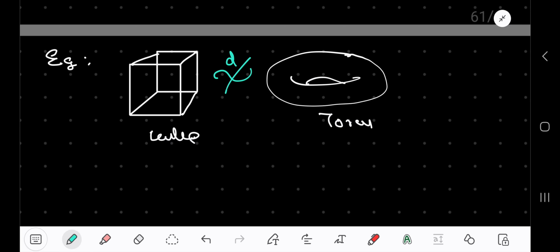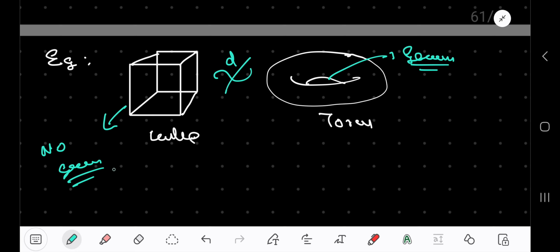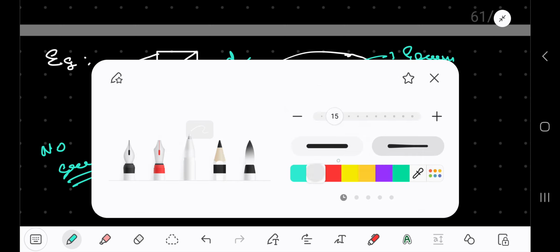You can think of it due to existence of a genus here and no genus here. So there is a difference in the topological structures of both of them, rather it's a global distinction. These two shapes are not diffeomorphic.